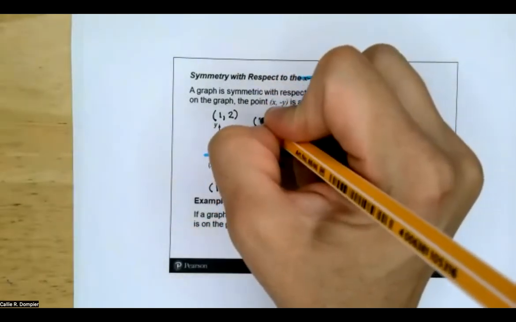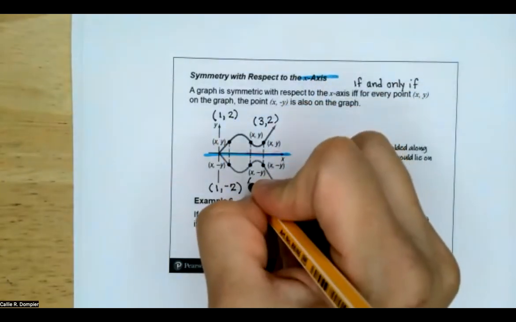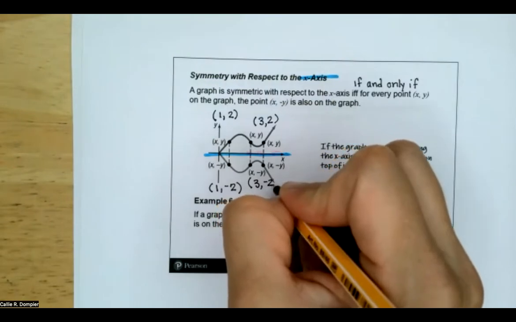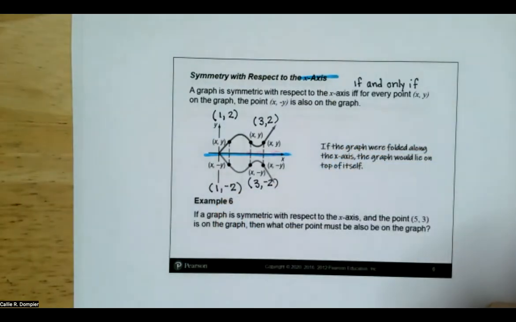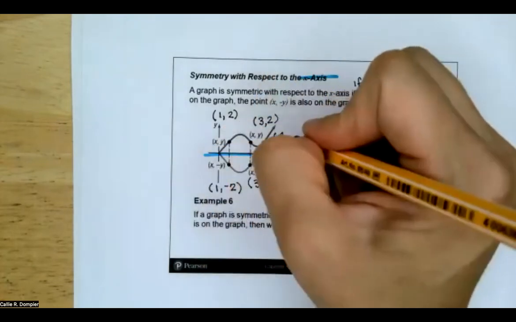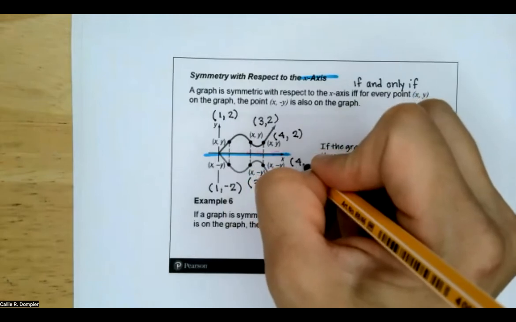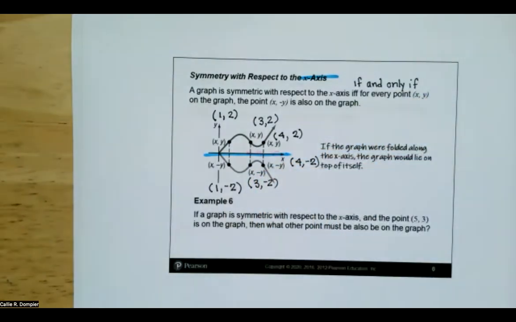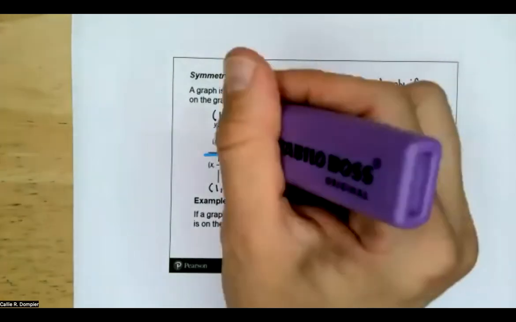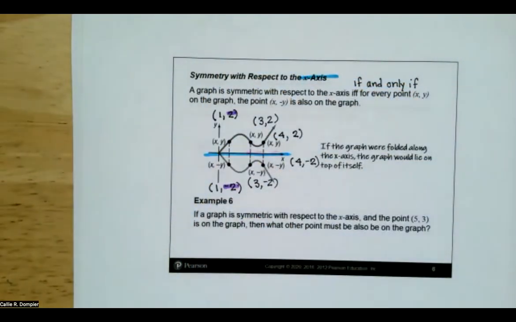If this is the point 3, 2, then this becomes the point 3, negative 2. Then this is probably 4, 2. Here's 4, negative 2. So each y just became its negative.